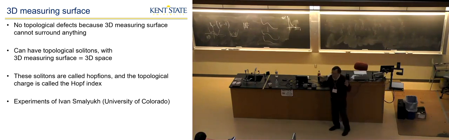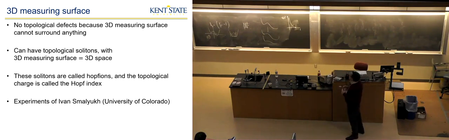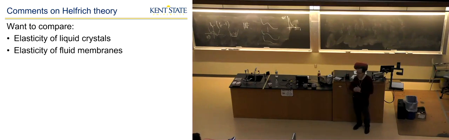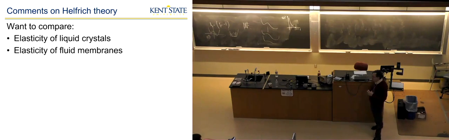All right, the second thing that I wanted to talk about today was just a quick comment following up on what Robin Brunsma presented this morning. He was talking about the elasticity of fluid membranes, and how you get the Helfrich Hamiltonian, which is related to the curvature of the membrane.